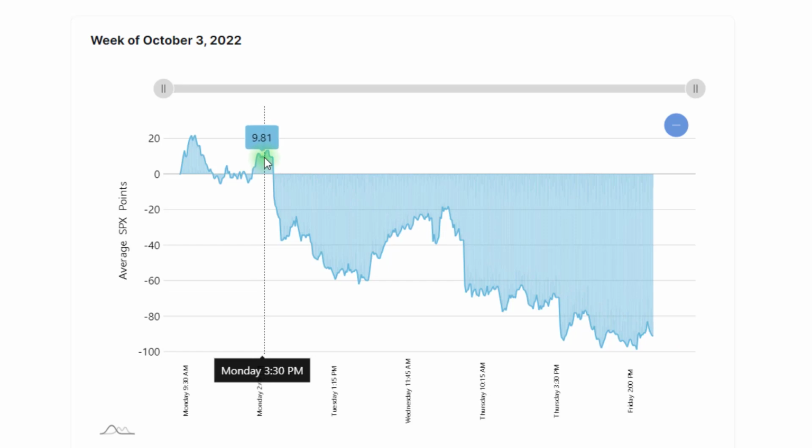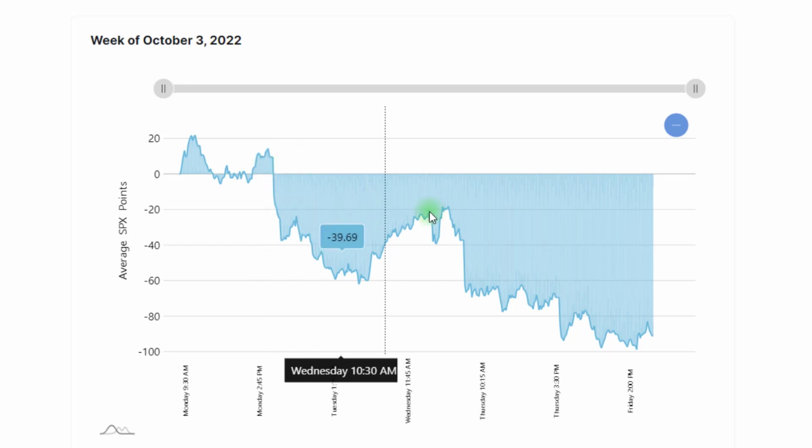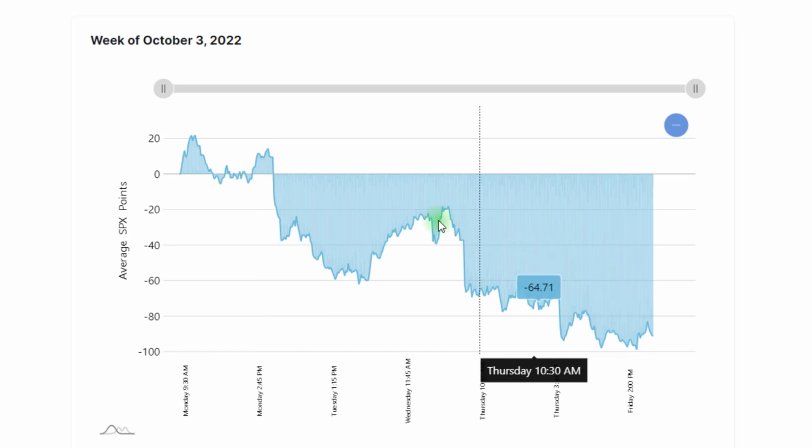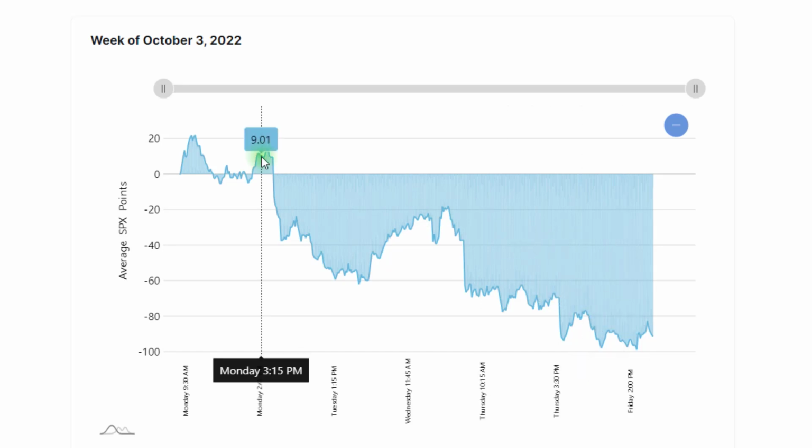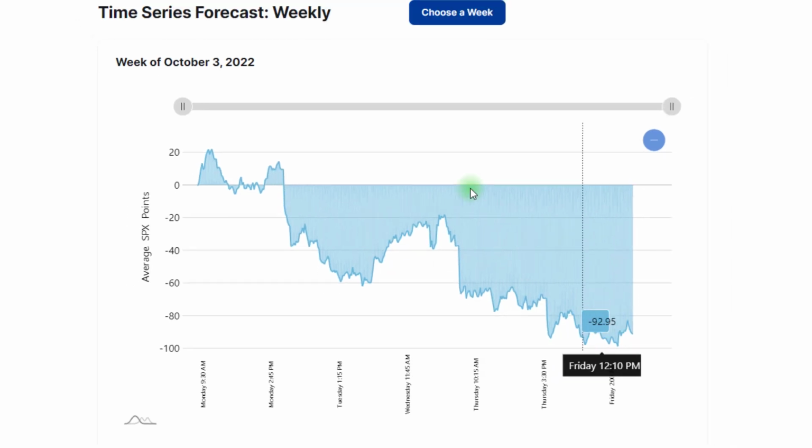So what we could do is go out and sell a call credit spread with 3 or 4 days to expiration. A 4 DTE call spread would be selling the call spread on Monday and it expiring on Friday.